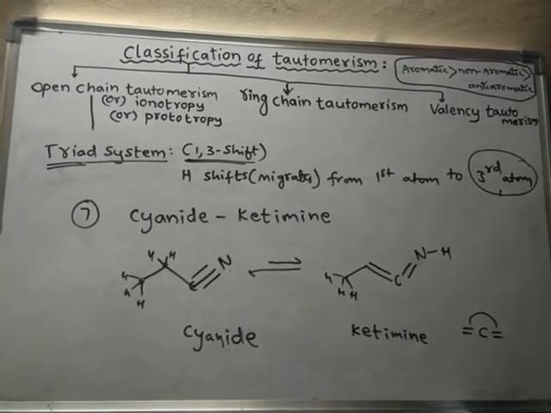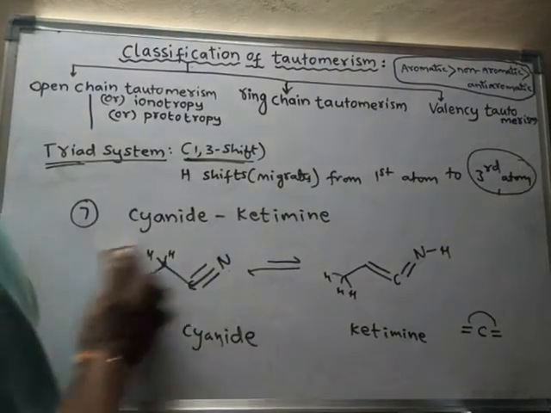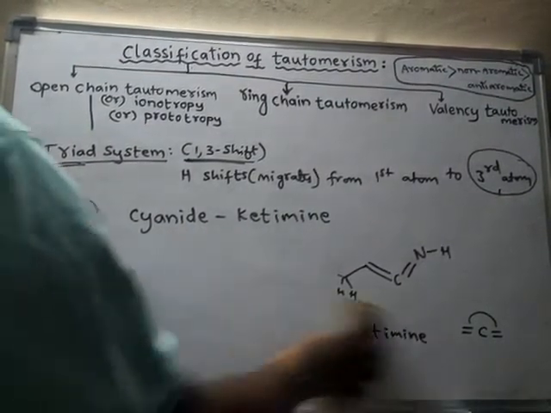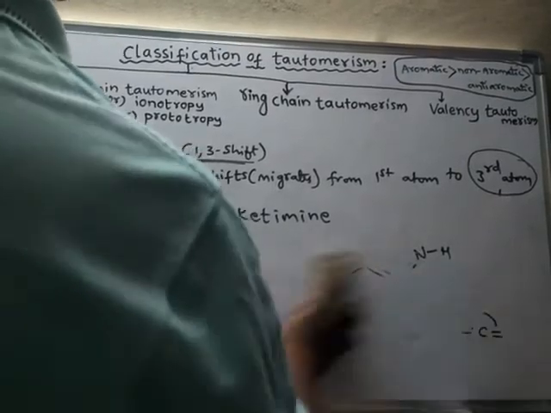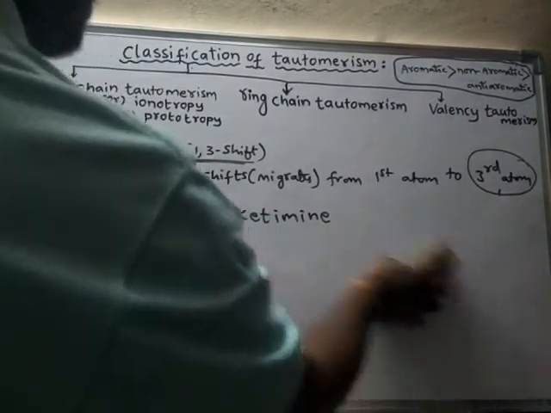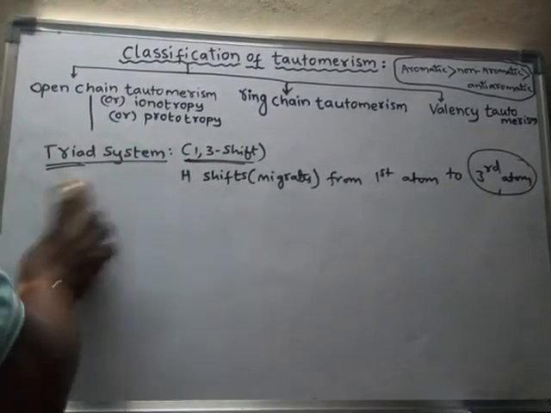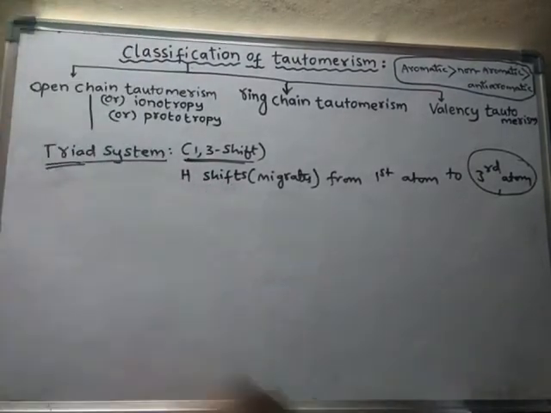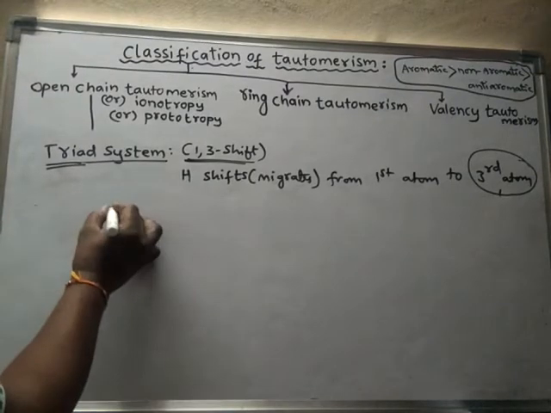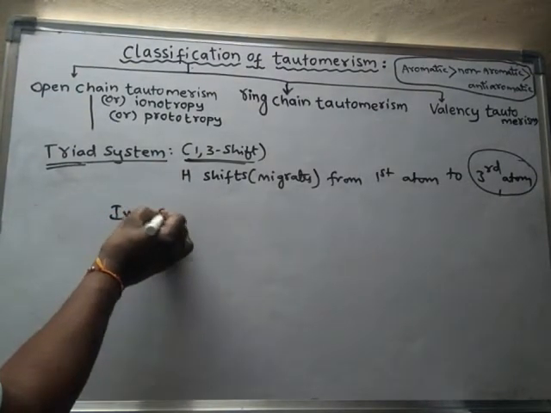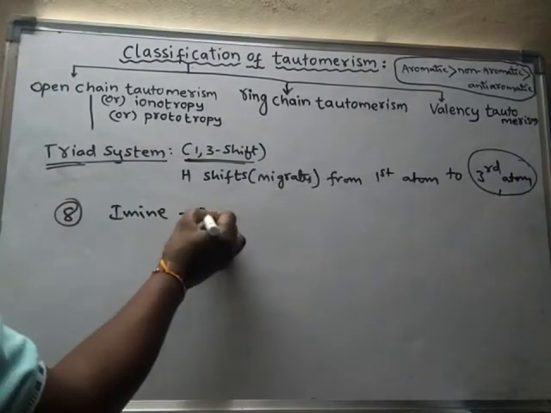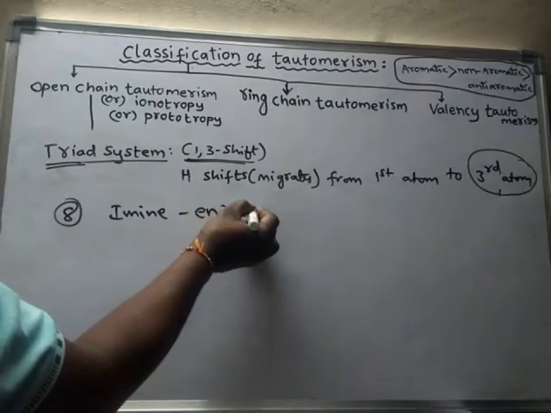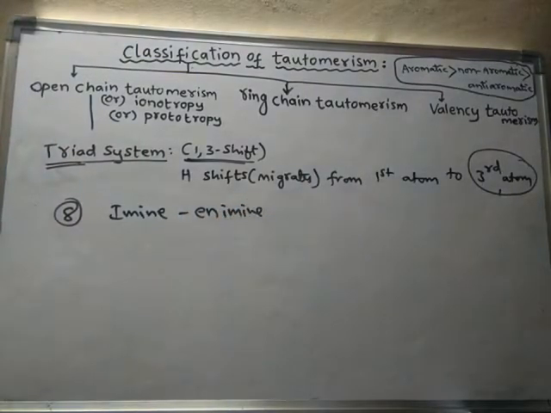Okay. Right. Next type of isomerism is imine, enamine.